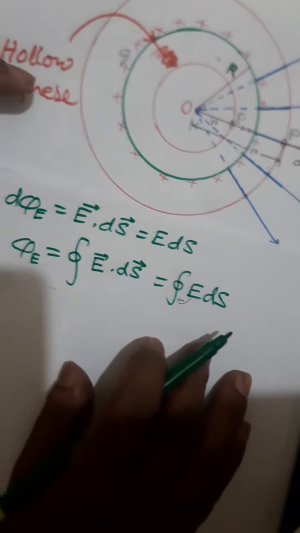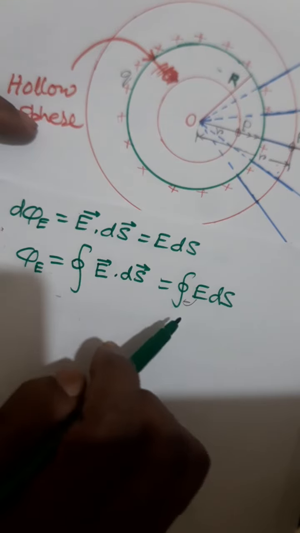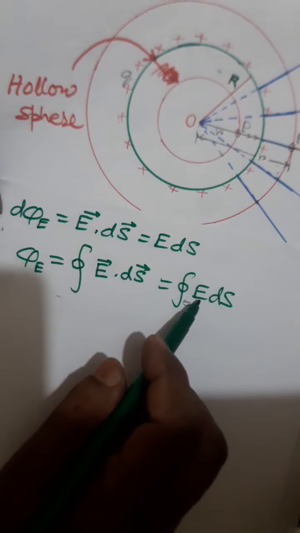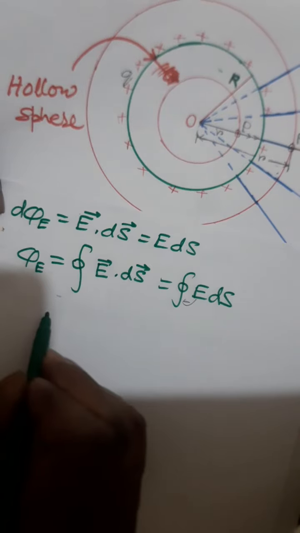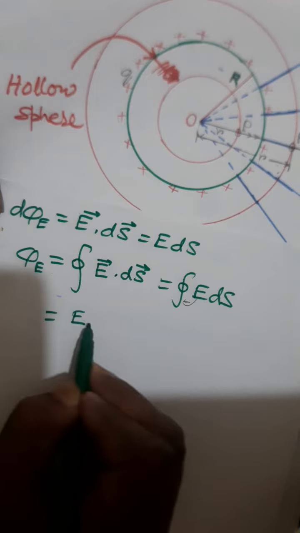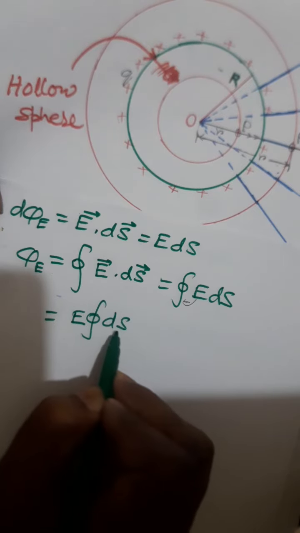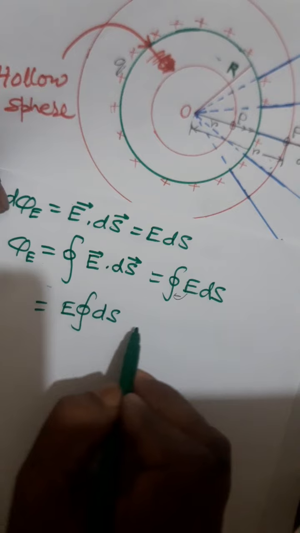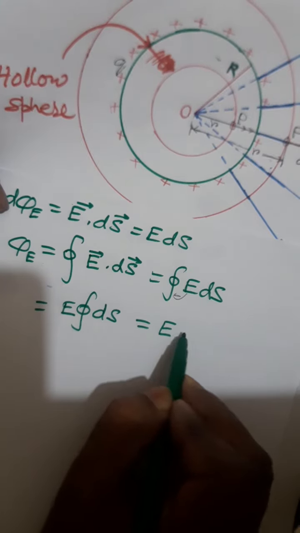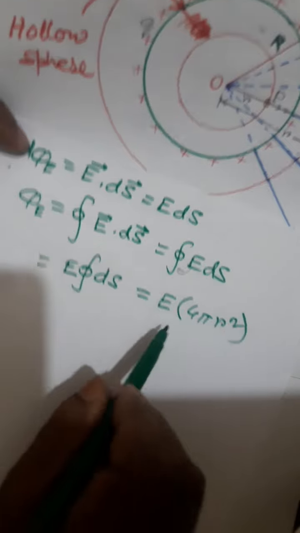The magnitude of E everywhere on the surface is the same, so it is a constant. It will come out from the integral, E integration dS. Integration dS is 4 pi r square, so E into 4 pi r square is the total electric flux of the Gaussian surface.